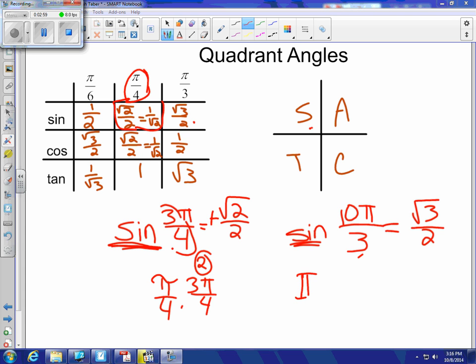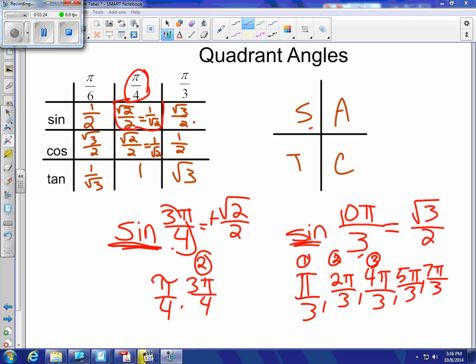Remember, this is the first quadrant, right? Second quadrant is 2 pi over 3. Our third quadrant is not 3 pi over 3, because that simplifies. So 4 pi over 3. Then 5 pi over 3, and so on and so forth. 7 pi over 3 is our fourth quadrant, right?